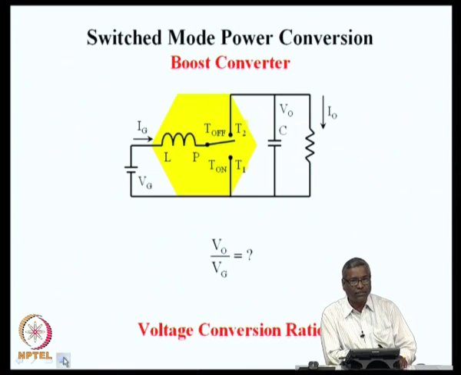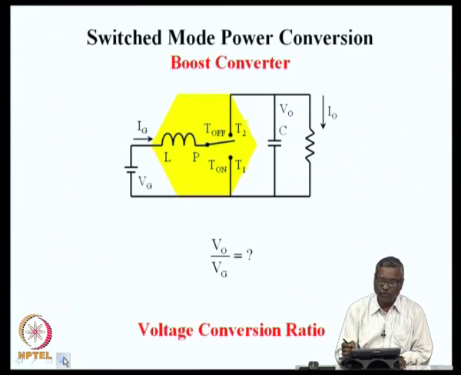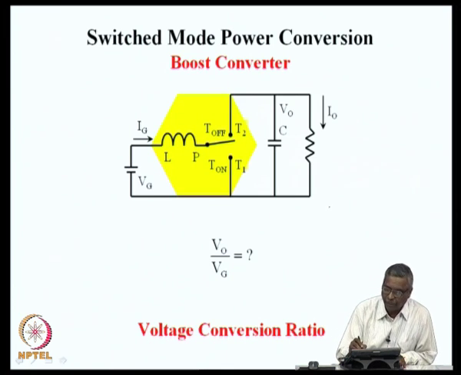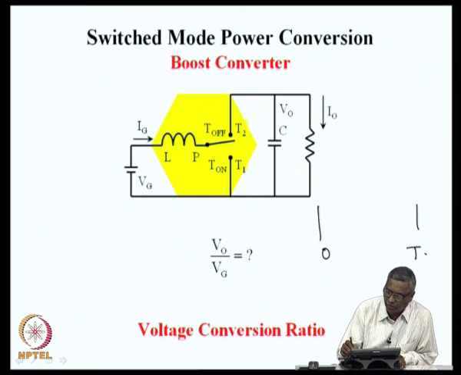The first concern is the voltage conversion ratio, which is V naught by Vg. The converter is now operated with the pulse width modulation technique, where Ts is our total switching period. In that we have a duration called T on and we have a duration called T off.